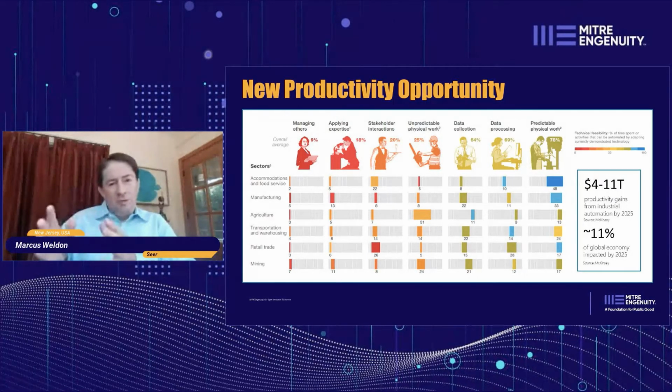And then there's this very interesting set of 4, which is predictable and unpredictable physical work, and then data acquisition and processing. And that's where I want to argue those last 4, which, by the way, if you look at the color scale, those are the ones that can primarily be automated, with the hardest one to automate being the unpredictable physical task, which makes sense.